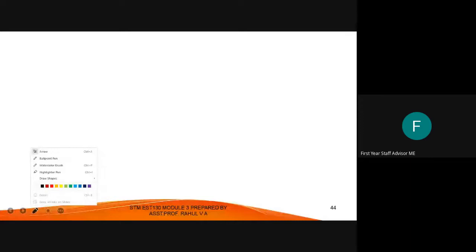So if you draw the circuit diagram, this is a representation of the AC source, that is V is equal to Vm sin omega t, the voltage we are applying to the circuit. Besides the series RLC circuit there is also a parallel RLC circuit, but that is not in your syllabus.